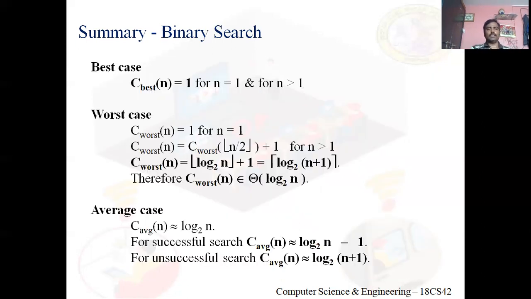For the worst case and average case, we have seen it's logarithmic, as discussed in detail earlier. So always remember the efficiency of binary search is logarithmic. In the best case, it is 1.